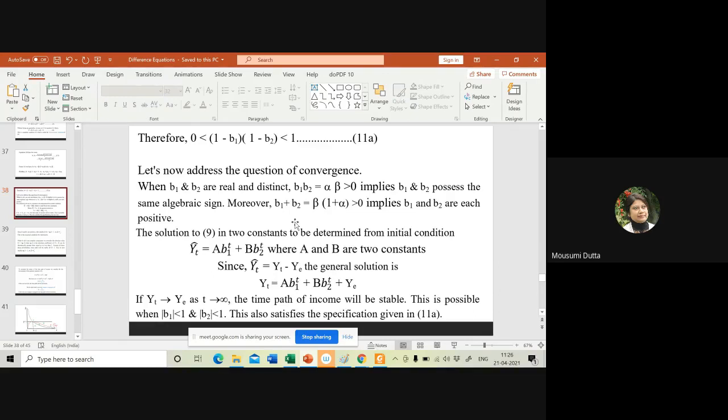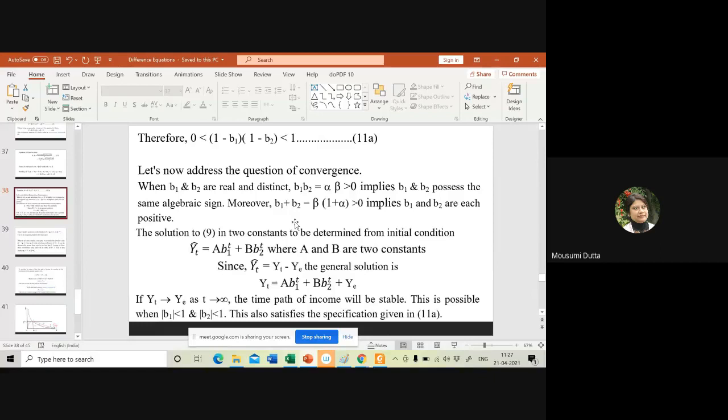If the roots are real and distinct, in that case, the product of the two roots will be positive. That indicates B1 and B2 will possess either positive sign or negative sign. Both will have the same sign. And then I talked about B1 plus B2, which is beta into 1 plus alpha, which is greater than 0. Beta is positive and alpha, the accelerator, is positive. So beta into 1 plus alpha is greater than 0.